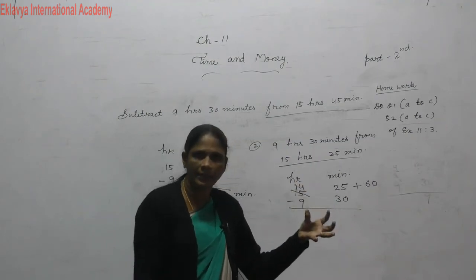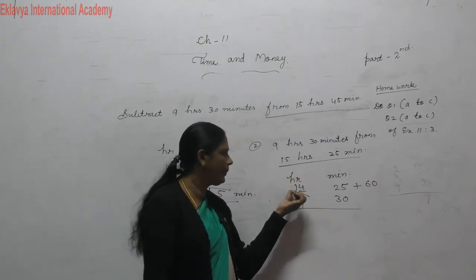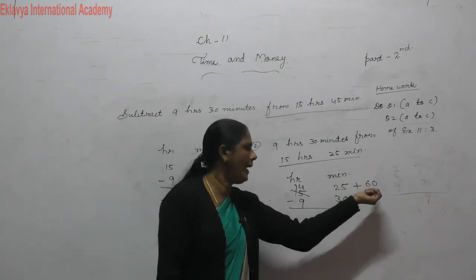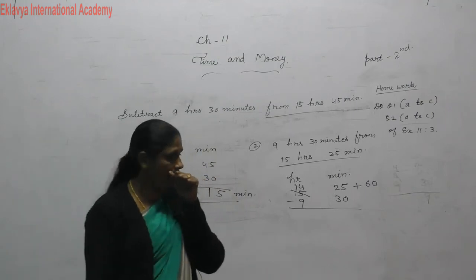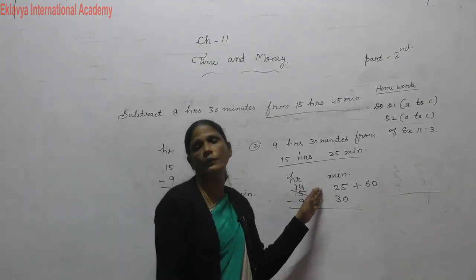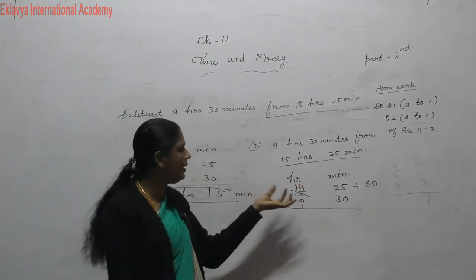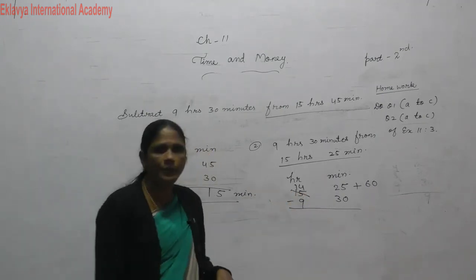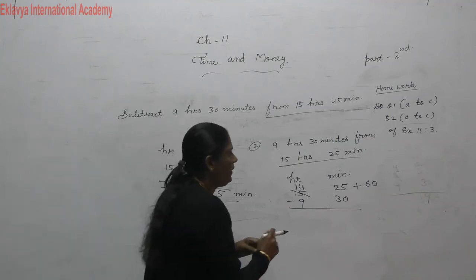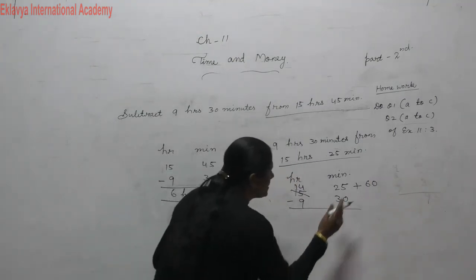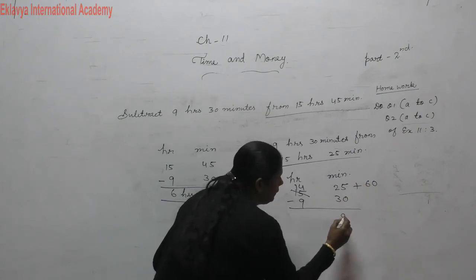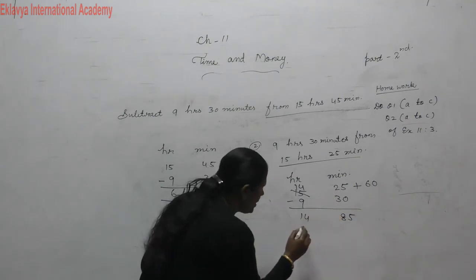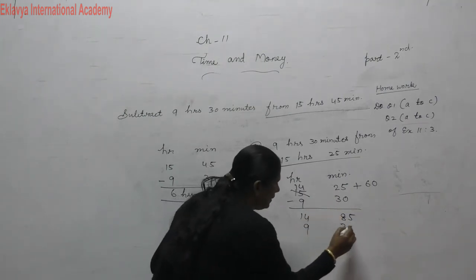Therefore, we take 1 hour here. Then 1 hour is equal to 60 minutes. Then we add 60 minutes to the 25 minutes. Okay. Then our 14. Now you subtract this. We write here in new columns: 85, then here 14, then the second number is not changed, 9 and 30.